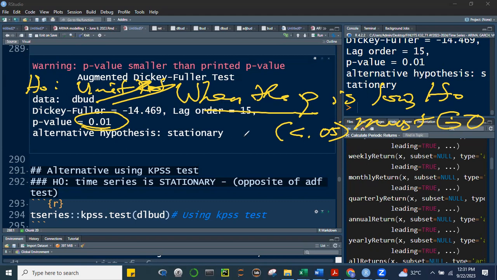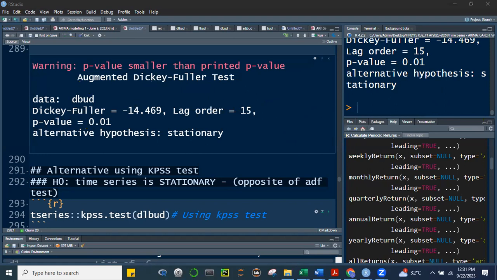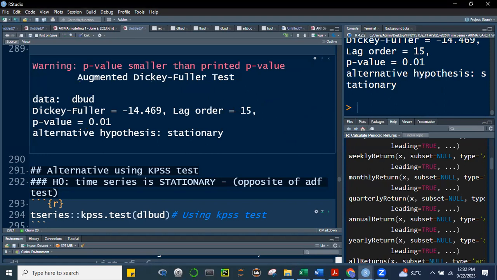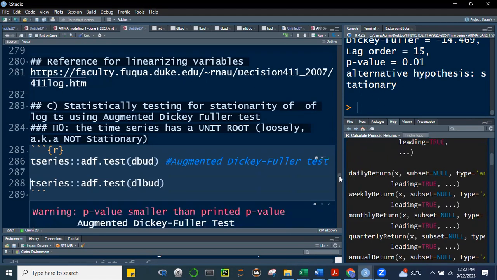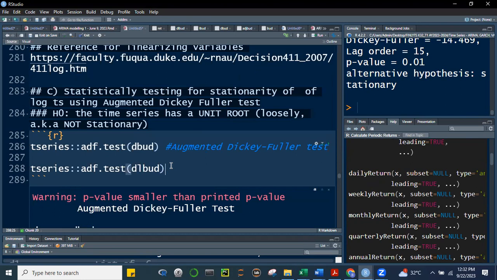Ergo, we're saying that our time series is stationary. So our DBUD, the difference of BUD, is already stationary. If that is stationary, class, all the more our DLBUD will also be stationary, surely, since we took the log of this.